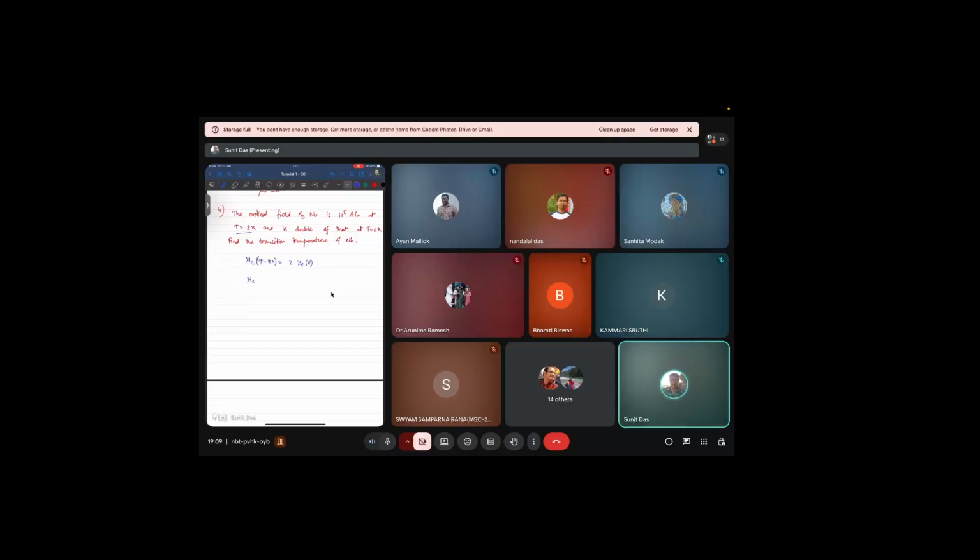So Hc of T equal to Hc of 0 times (1 minus T square by Tc square). We don't even need this information actually.